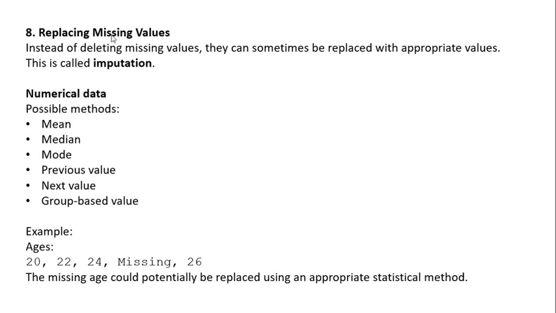Eighth is replacing the missing values. Instead of just detecting the missing values, they can sometimes be replaced with appropriate values, and this is called imputation. For numerical data, possible methods are mean, median, mode, previous values, next values, and group-based values. For example, the age is 20, 22, 24, missing, and 26.